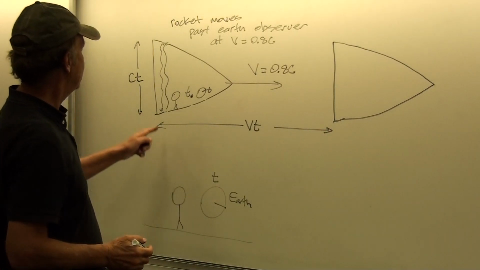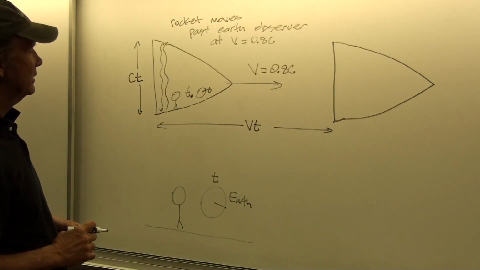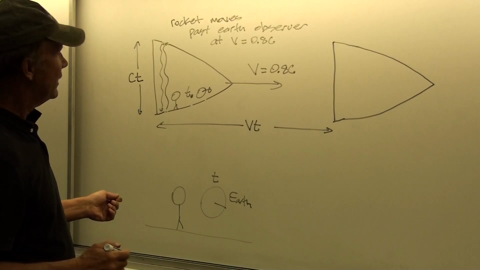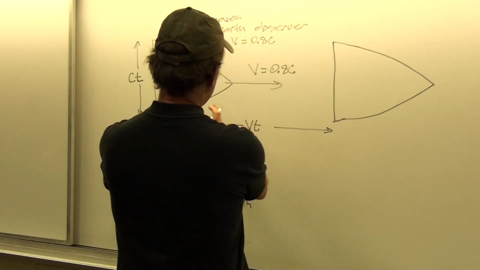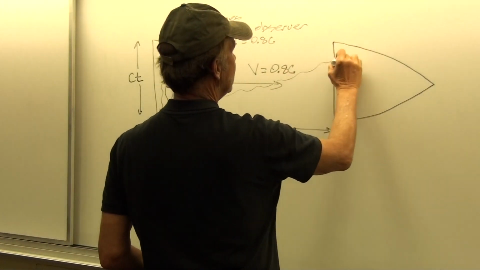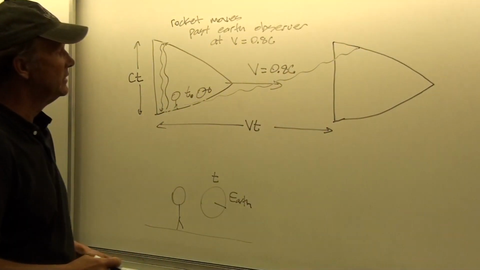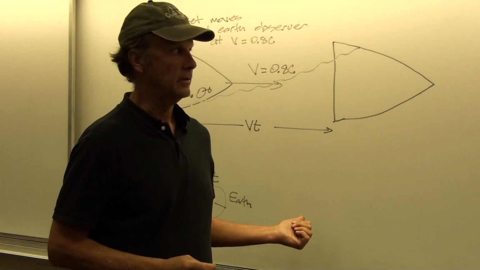And here, this is the time measured on the rocket's clock. So if the rocket has moved this far, the light beam relative to the Earth has moved along this hypotenuse path as measured by the person on the Earth.